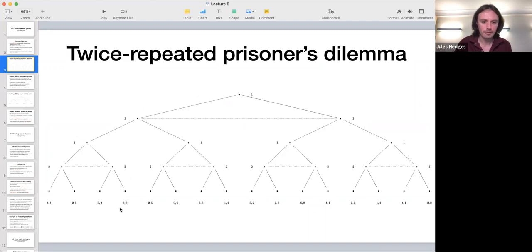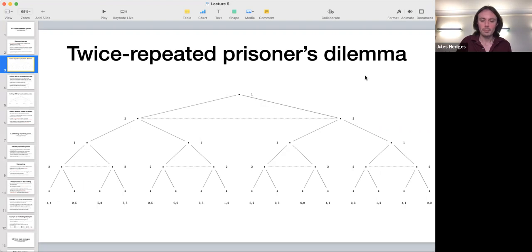So here, for example, player 1 knows exactly where they are, and player 2 doesn't know what player 1 did in the current round, but they know exactly that they're in this subtree, because these don't share information sets with any nodes over here. I think cooperate is always the left branch and defect is always the right branch. And then I've set up the payoffs to be the sum of the individual Prisoner's Dilemma payoffs for the 2 rounds.